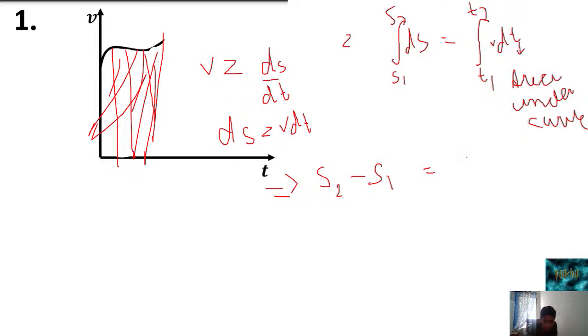It can be written as the integral of v dt from t1 to t2, that is the area under the curve. So hope this is clear.